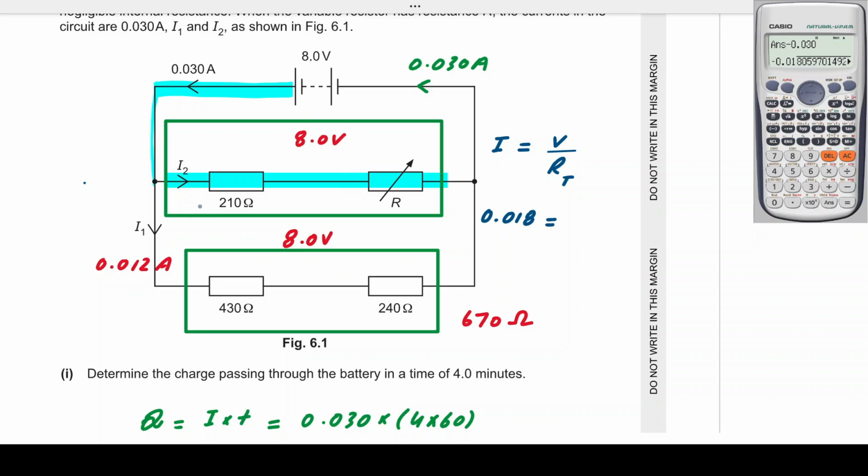What about the total voltage across these two collectively? 8 volts, divided by the combined resistance of these two. We don't know, but we can write an expression. The combined resistance would be 210 plus R.